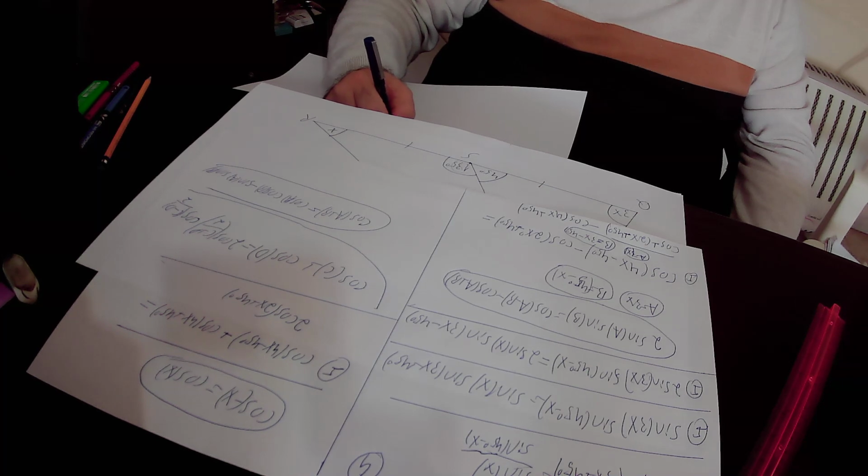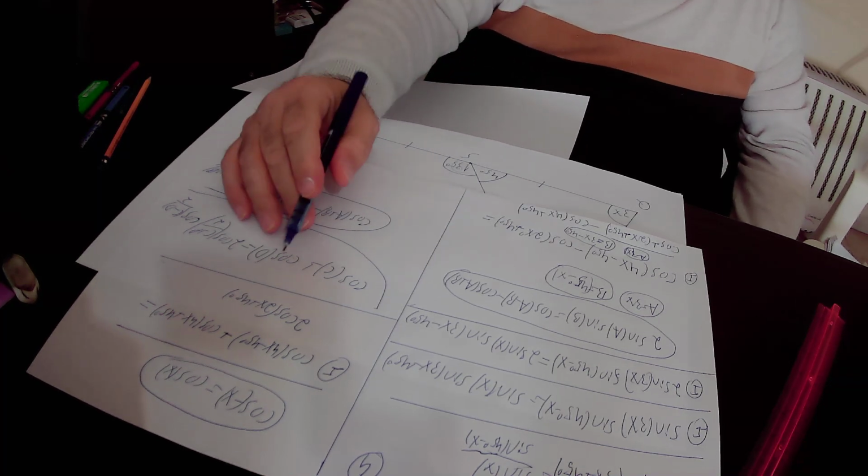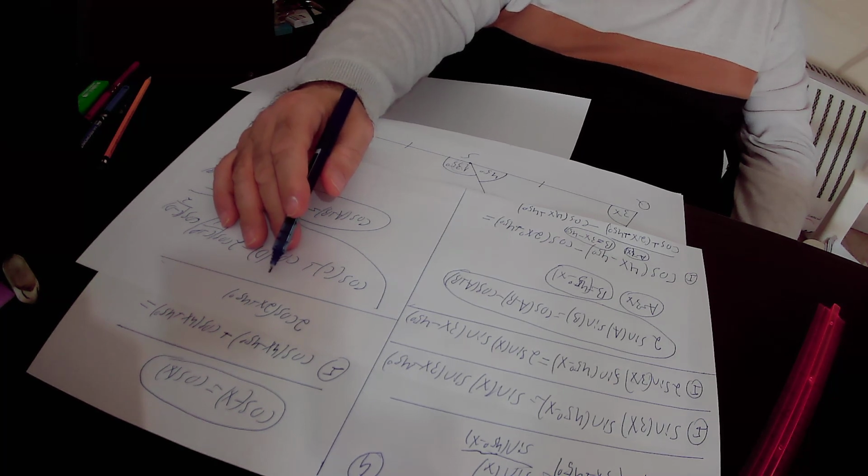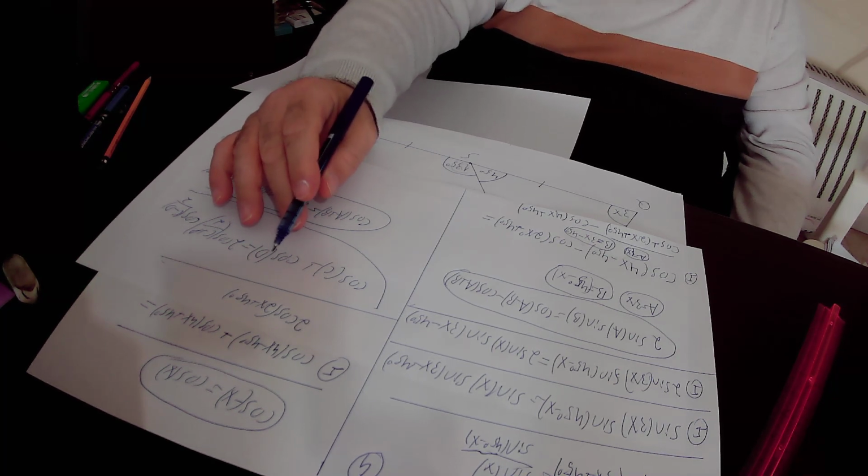And then we'll treat this expression 2 cosine 2x plus 45 degrees.